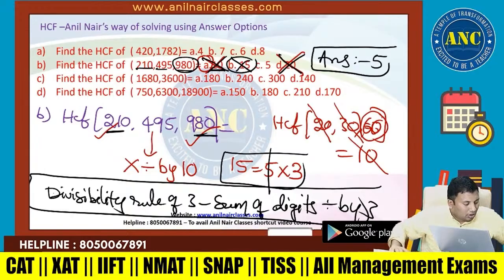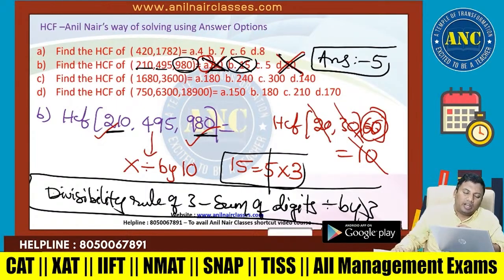Right? 9 plus 8 is 17. 17 is not divisible by 3. All the other numbers are divisible by 3. 2 plus 1 is 3, and 3 is divisible by 3. 495: 4 plus 9, 13, 13 plus 5, 18. 18 is divisible by 3. Option C.